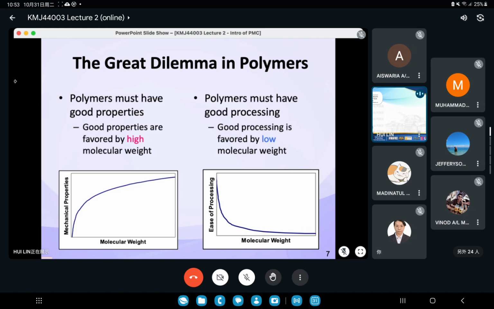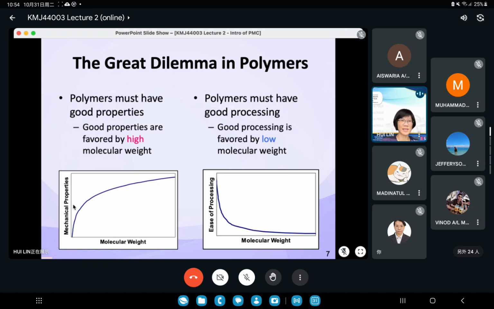High molecular weight will actually give a high strength. However, the viscosity of the polymer is high. It's difficult to be processed, but the property is better. So this is the dilemma that I mentioned here.